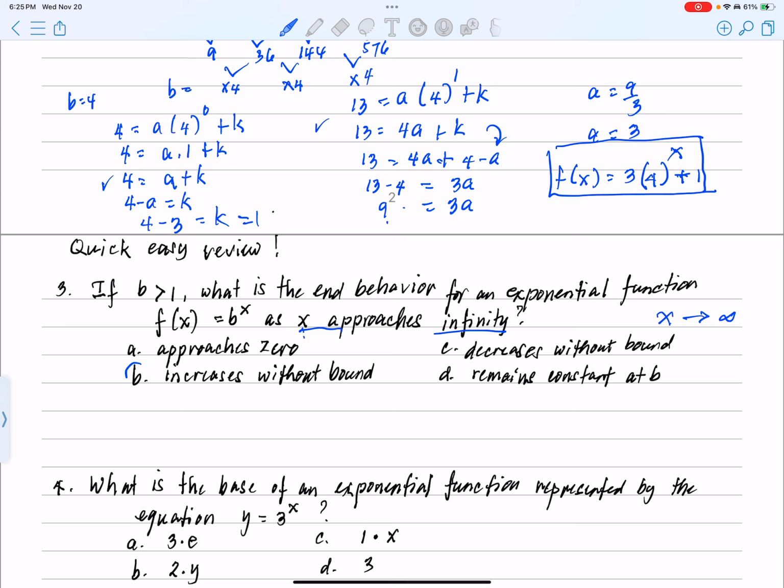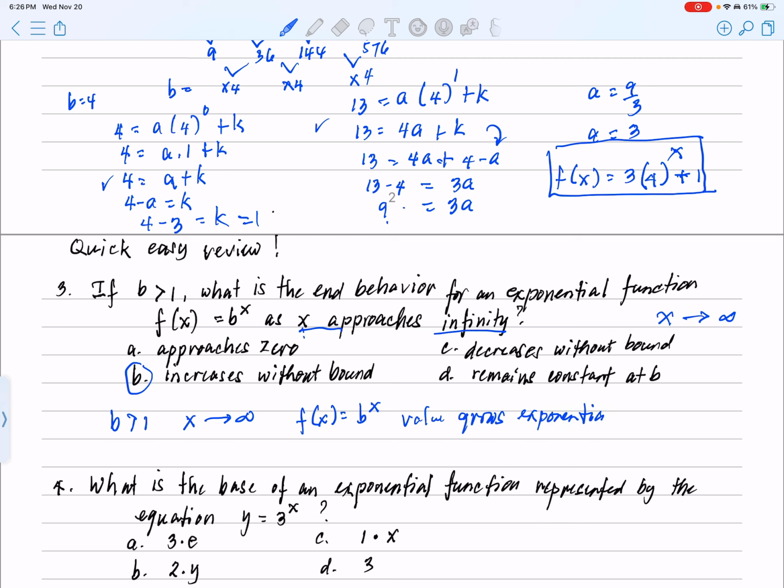Why? Remember that for every base greater than 1, as x approaches infinity, the f of x value, b to the power of x, grows exponentially if it's greater than 1.